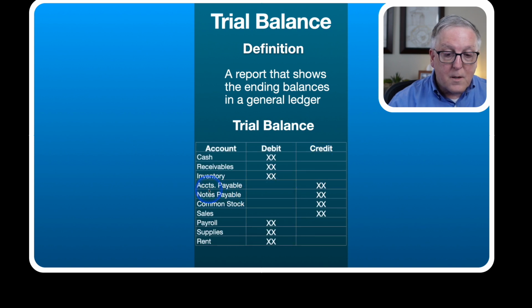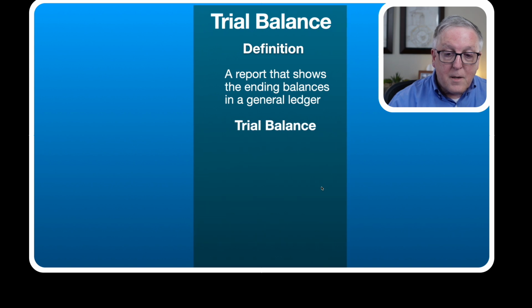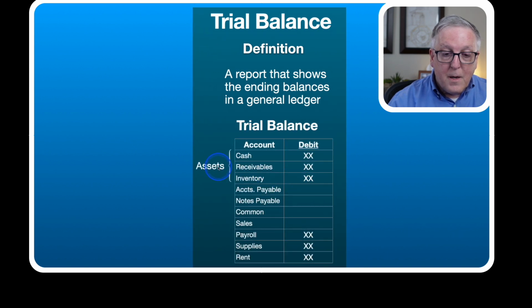So accounts like accounts payable, notes payable, your equity accounts like common stock, your revenue accounts like sales, those have credit balances. And the next thing I want you to see is this trial balance is comprised of assets.